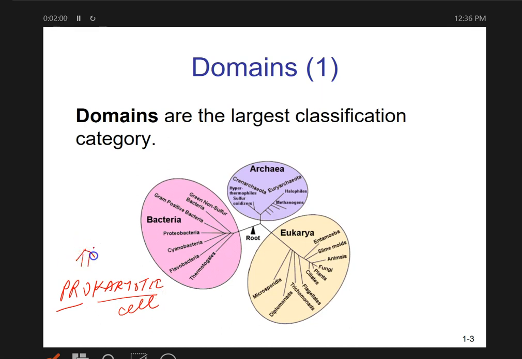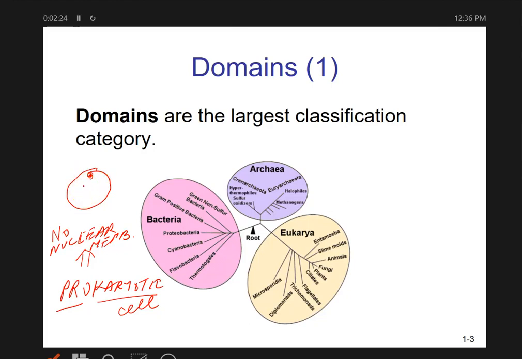There's nothing called false and true. Basically what we are saying is that there is no nuclear membrane. So if you see the cell, you will see the chromosome lying in the cytoplasm. So there is no separation of the nucleoplasm from the cytoplasm.